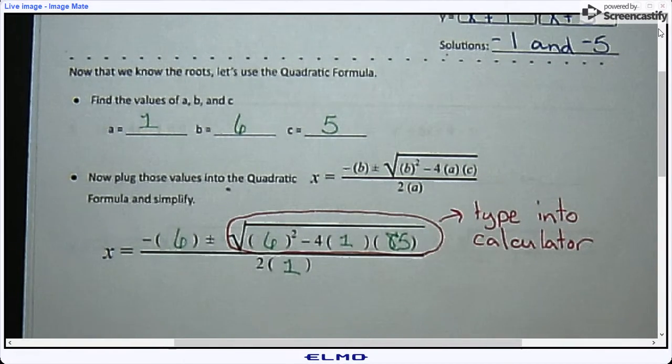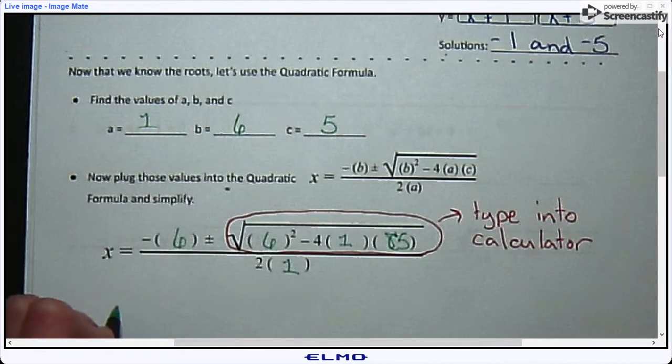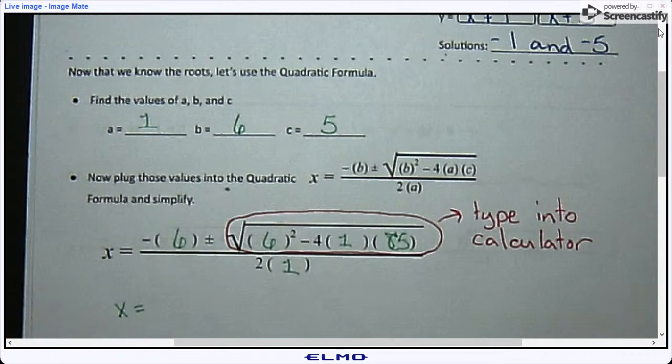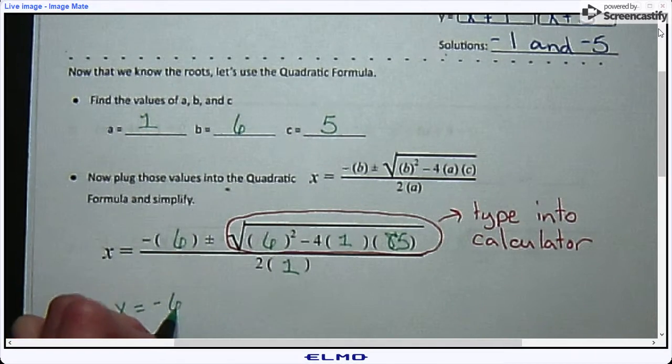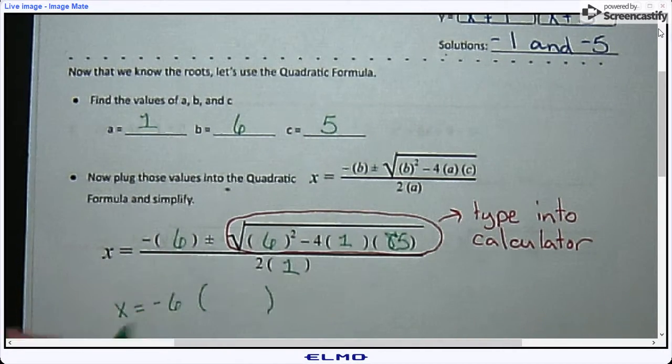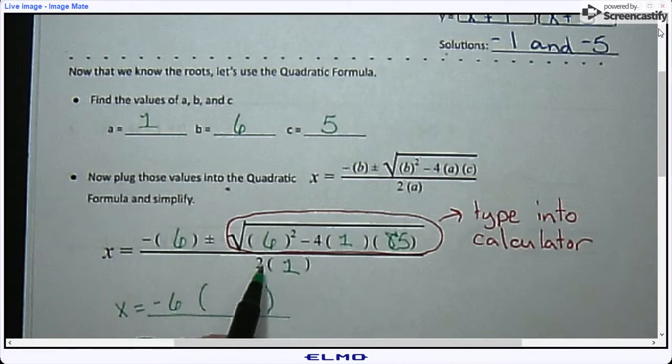When I put that into the calculator, I get 4. So I'm going to come down here, bring down my negative 6, and 2 times 1 is 2.